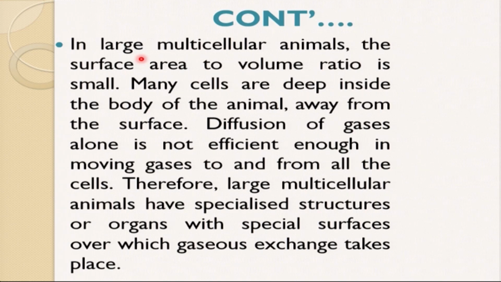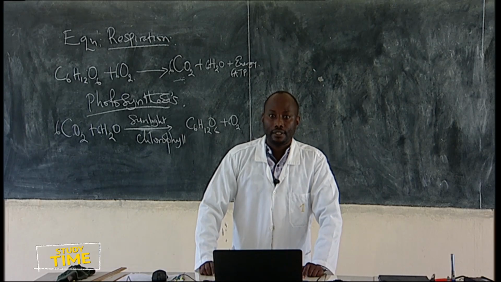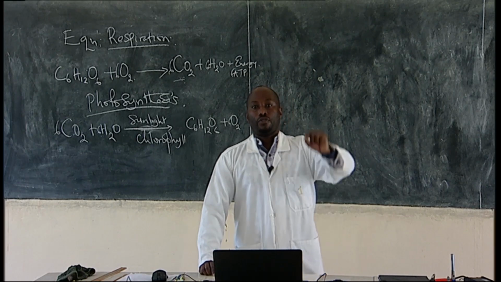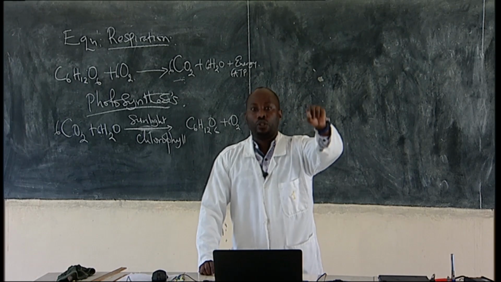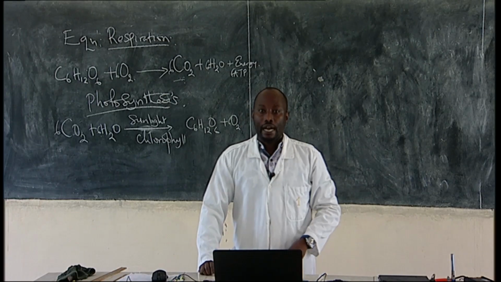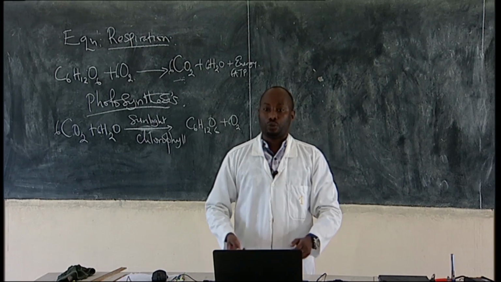They are able to extract that oxygen from water by the process of diffusion. I know some of you remember what diffusion is: the movement of molecules or ions from a higher concentration to a lower concentration, down the concentration gradient, as a result of random movement. So they are able to diffuse into their body.